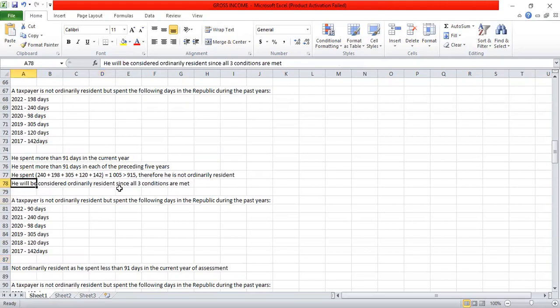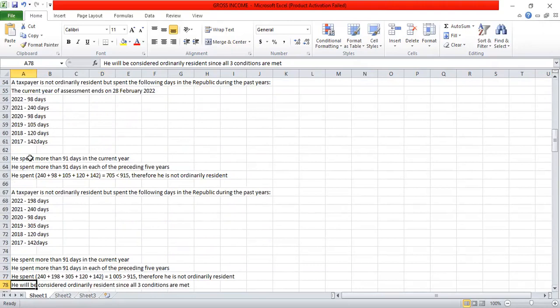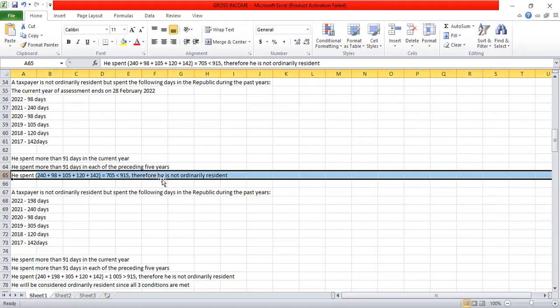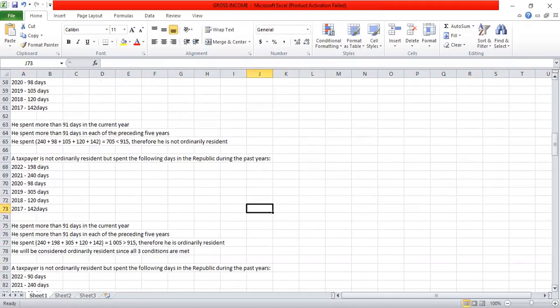He will be considered ordinarily resident since all 3 conditions are met. Oh, the one above that. Look at the sentence at cell 77. Hello? Look at the cell 77. Oh, you mean this one? Okay. Yes. Okay, I see it. Thank you so much. You're welcome.